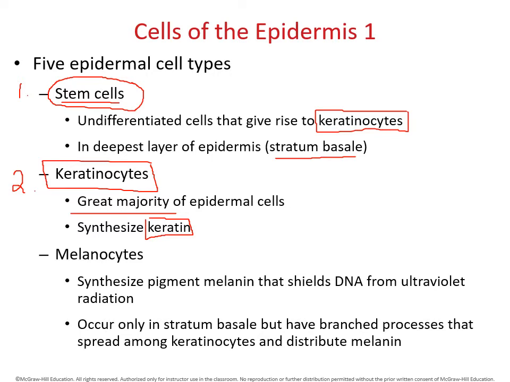The third type of cell are called melanocytes. Melanocytes get their name because they're able to produce a pigment, a color called melanin. Now, depending on the amount of melanin that your body is able to display, it will correspond with the overall skin tone that you present.